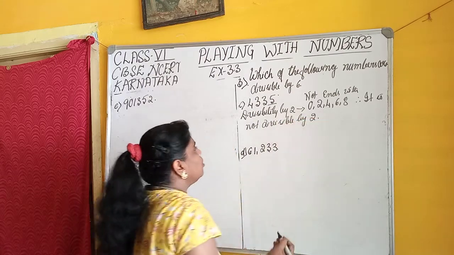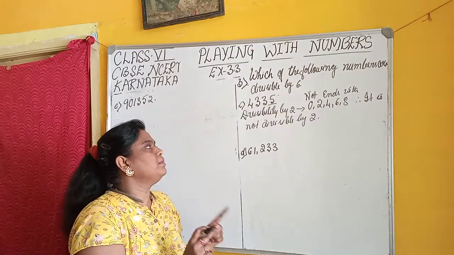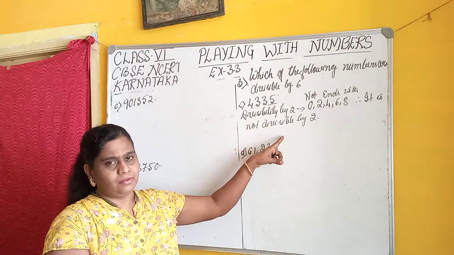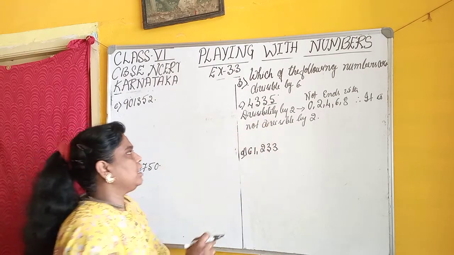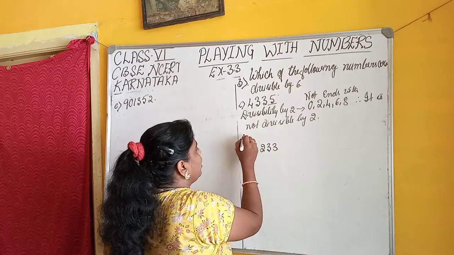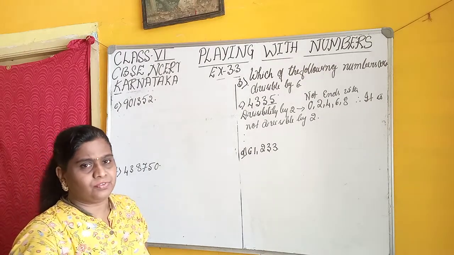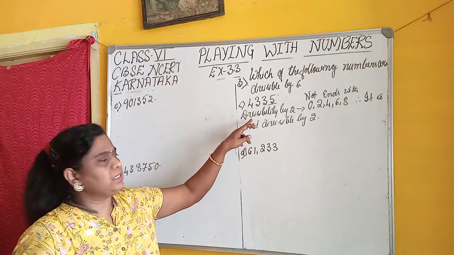For divisible by 6, it should be divisible by both 2 and 3. In the first case, it failed the divisibility test for 2. Therefore, it is not divisible by 6. It is not necessary to check the divisibility test for 3 again, because it failed the test for 2.